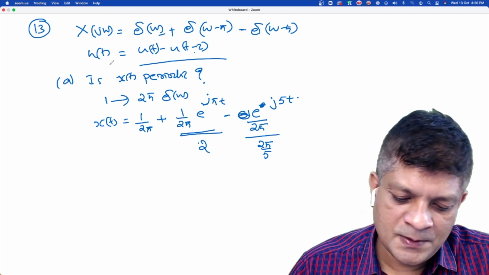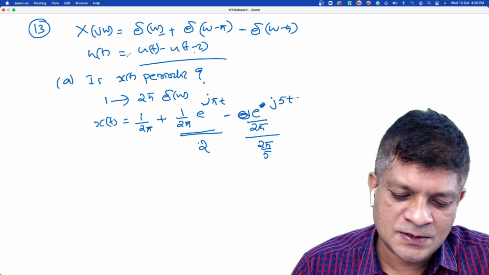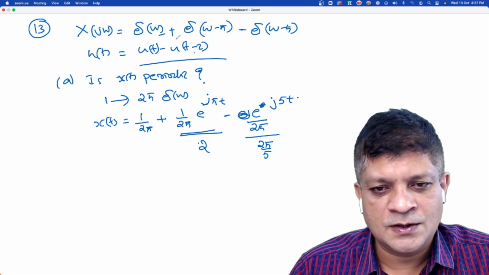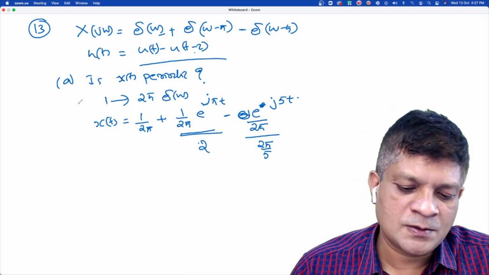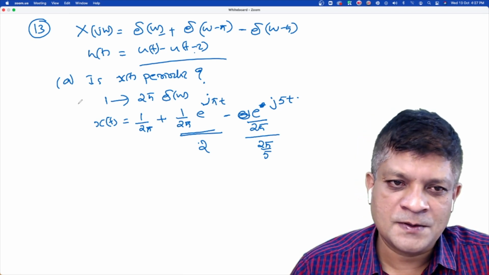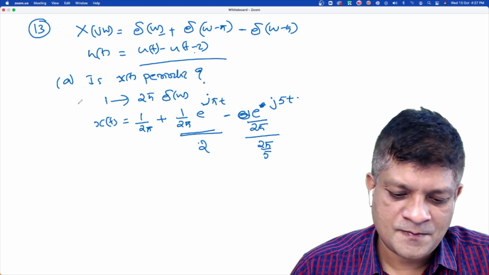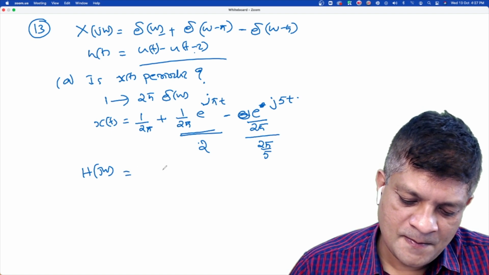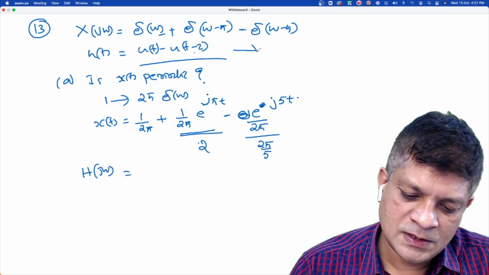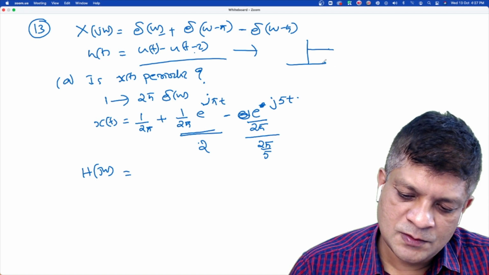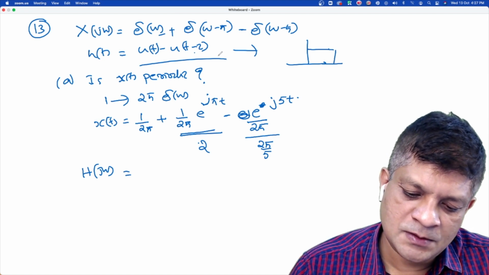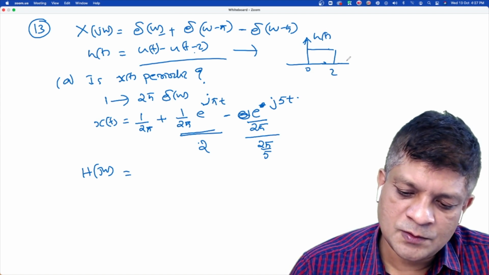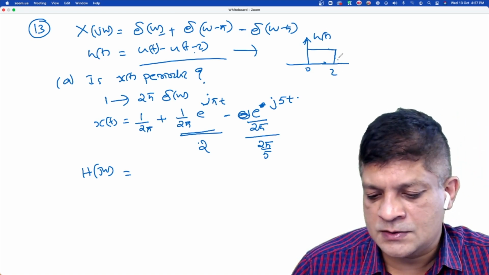Now, what will happen if you convolve with h(t)? What is the convolution property? It is multiplication in the frequency domain. What is H(j omega)? What is this signal? It is 0 outside, u(t) minus u(t minus 2), so this is a signal h(t) from 0 to 2.